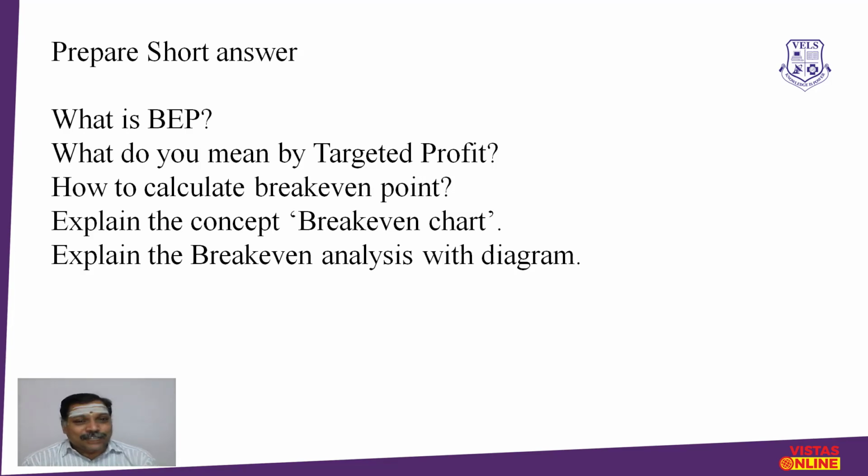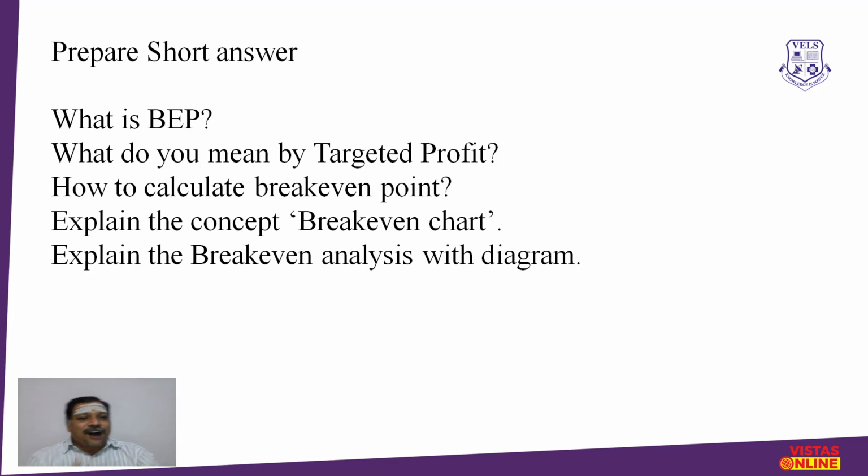Then what is targeted profit? Some firms, in order to attain a minimum profit, use break-even analysis as a management tool called targeted profit. What is the formula? Fixed cost plus targeted profit divided by contribution margin per unit. If you use this formula, you will get a minimum level of profit.